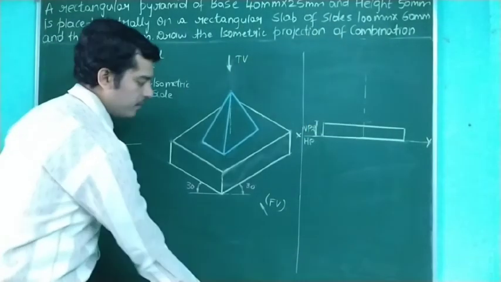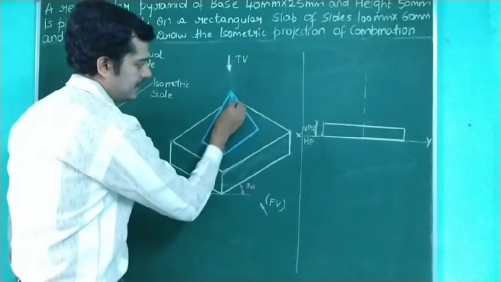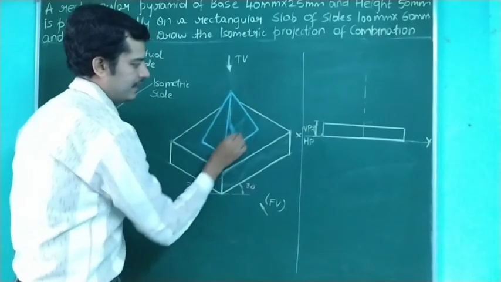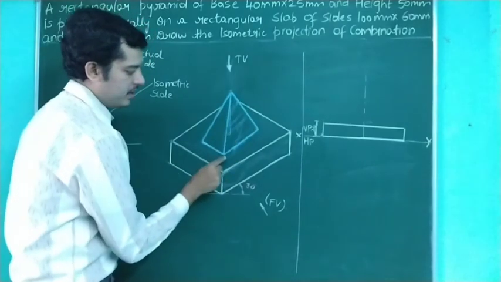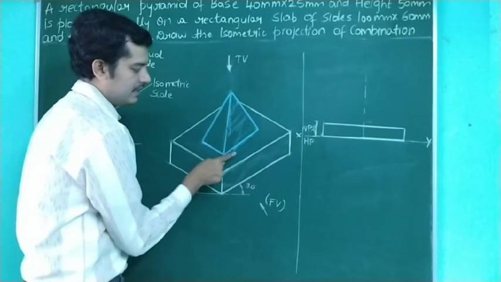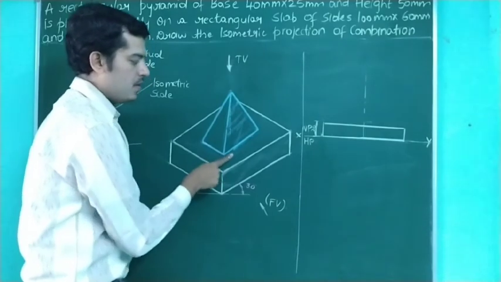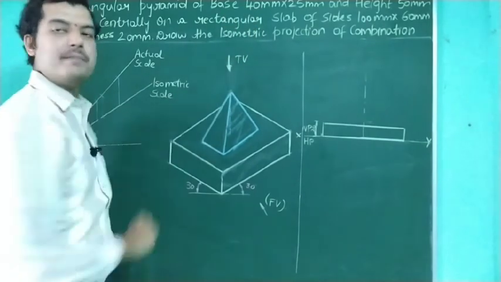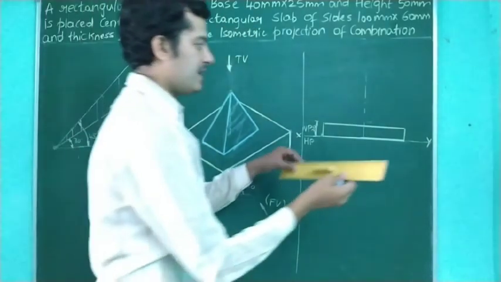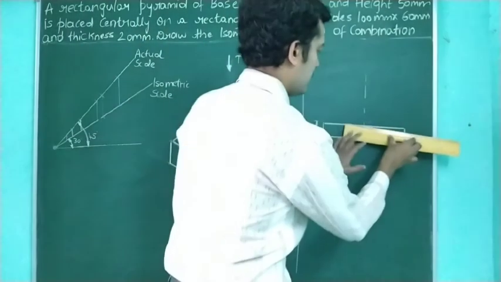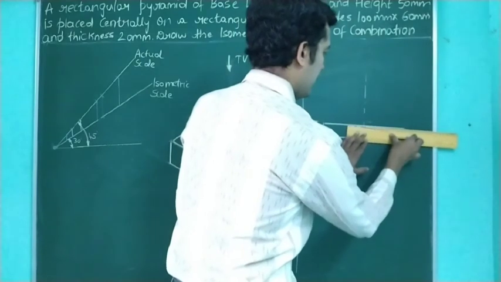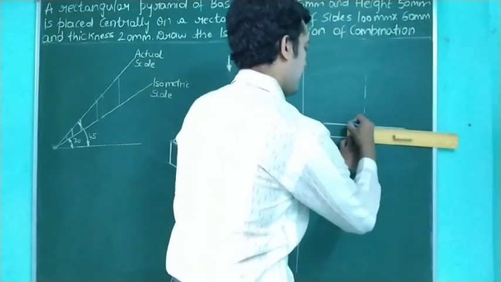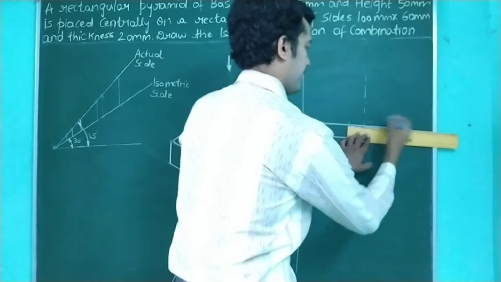Further, what else can we see? We can see this portion of the rectangular pyramid. So what is this portion? I know this is equal to 40 mm. Very clearly given, base is equal to 40 mm. So let me keep the same scale here. Let me give 40 mm, 20 mm on either side.